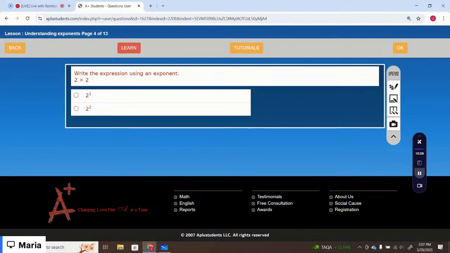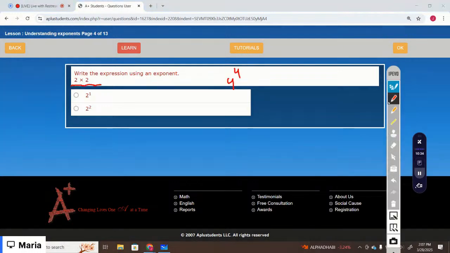Write an expression using an exponent. 2 times 2. So we are multiplying 2 two times. So how do we write it? 2 times 2 means you can write it as 2 exponent 2.